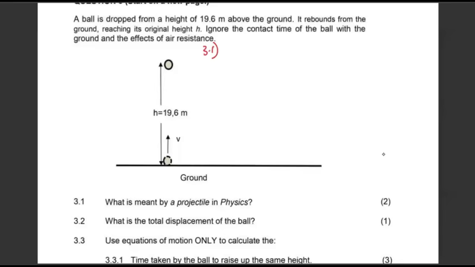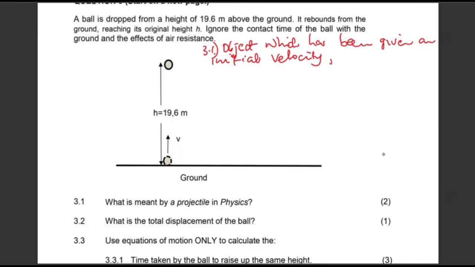So we know that a projectile is basically an object which has been given an initial velocity, and then from the initial velocity it moves under the influence of the acceleration due to gravity, or we can say influence of the gravitational force.